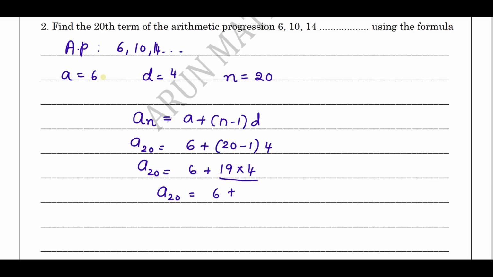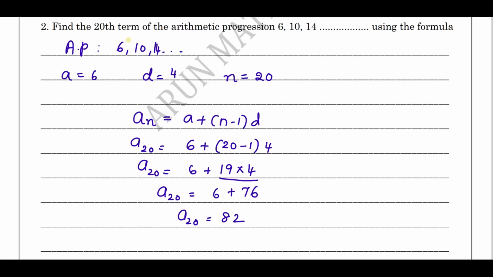What do we get? 19 into 4 we get 76. Now a20 equals 6 plus 76 equals 82. Therefore the 20th term is 82.